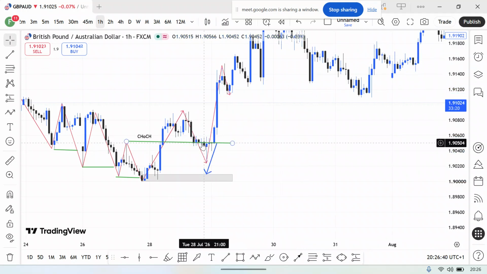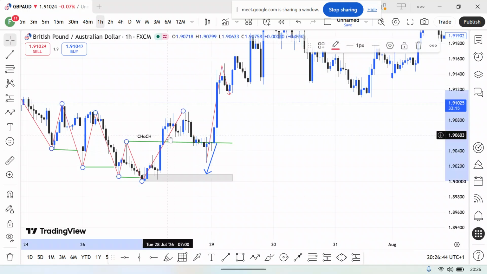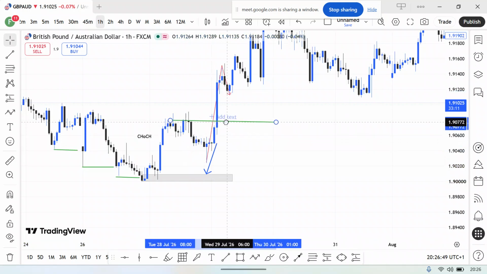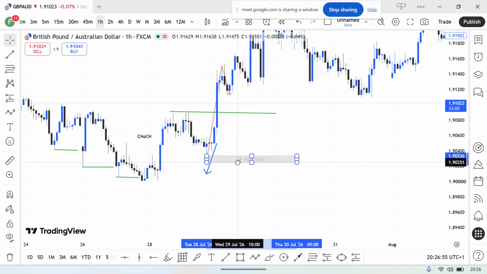Let me delete this because we are done with this. Let me delete all of this. Now, this is the next break of structure we had, right? So you move this hash box from here to this point because this is the low.